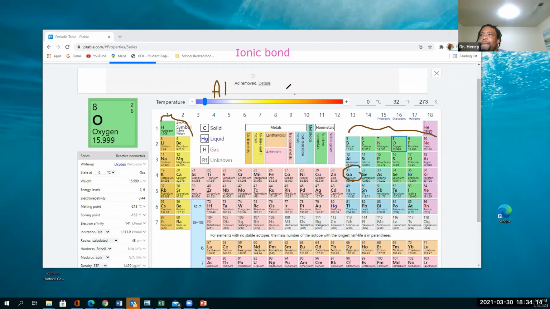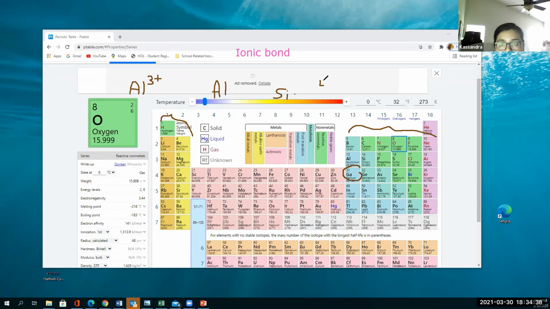And neighbors. Aluminum would be 3 positive and 4 negative.